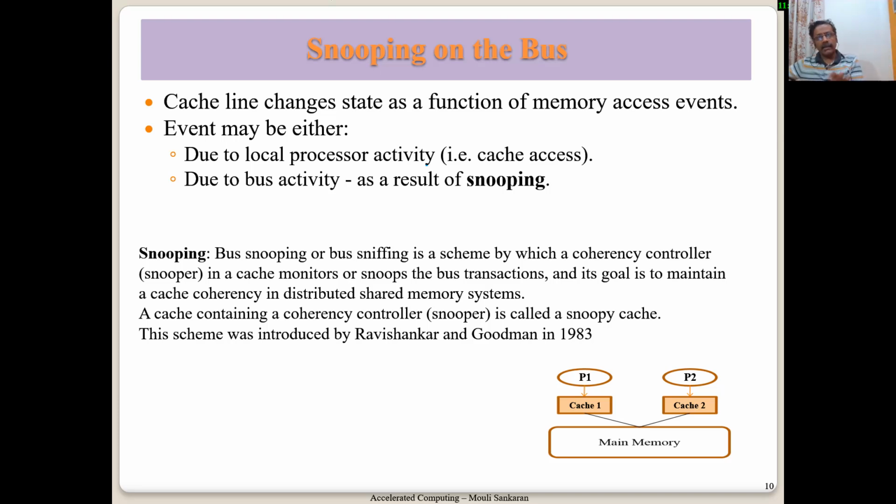Remember that it is all because multiple cores access the same common memory, and the processes running on those cores are updating the value. The cache containing a coherency controller or snooper is called a snoopy cache. This scheme was introduced by Ravishankar and Goodman in 1983.